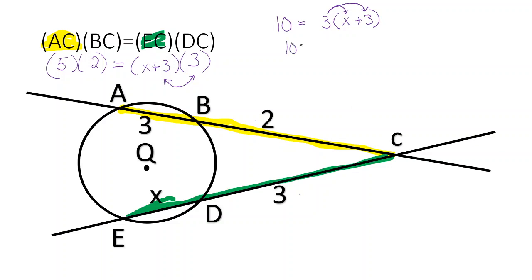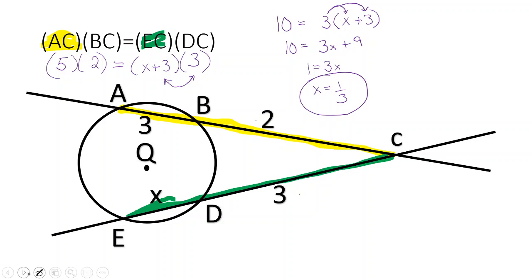I think that's going to be the easiest way to go, because we're going to say 10 equals 3x plus 9. So I multiplied the 3 to the x and the 3 to the 3 to get 3x plus 9. Now we're going to subtract the 9 and we'll get 1 equals 3x. Then we'll divide by 3 and we'll get x equals 1/3. That's what we were looking for. It doesn't say that I have to find anything else, but that's what x would be, 1/3.